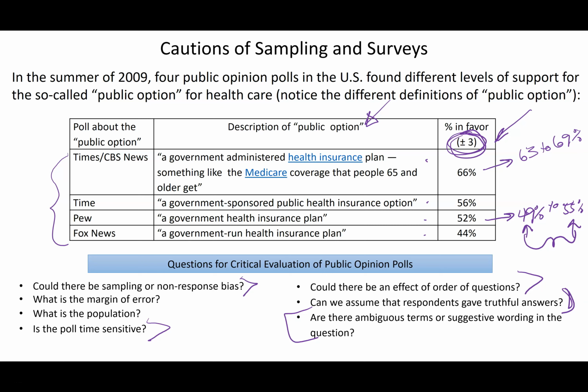Another really famous one fairly recently was Prop 8 in California. Prop 8 was a ban on same-sex marriage. And the way it was worded, a lot of people who meant to vote against the ban voted for it because they misunderstood how it was worded.